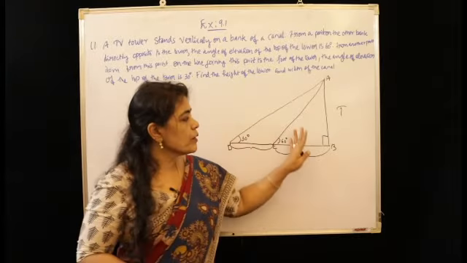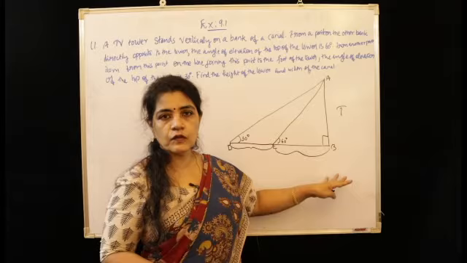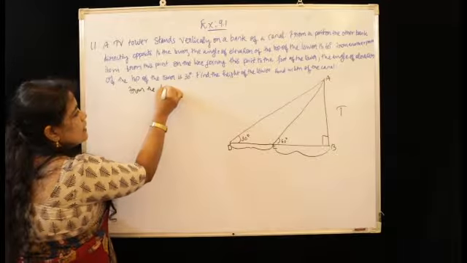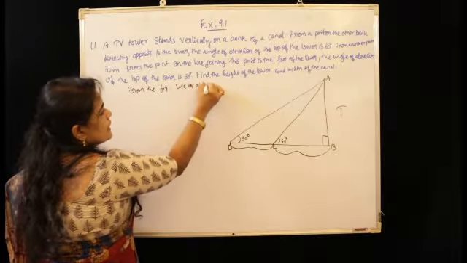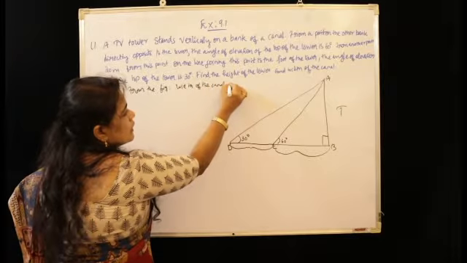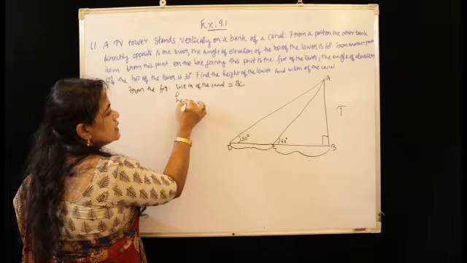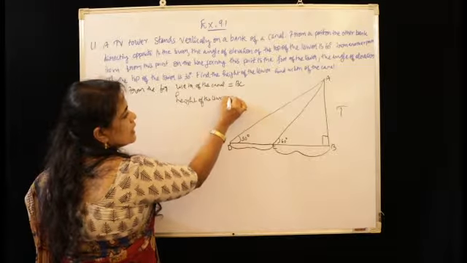Okay. So, from the figure, the width of the canal is BC and the height of the tower is AB. So, we can write first from the figure, width of the canal equal to BC, height of the tower equal to AB.